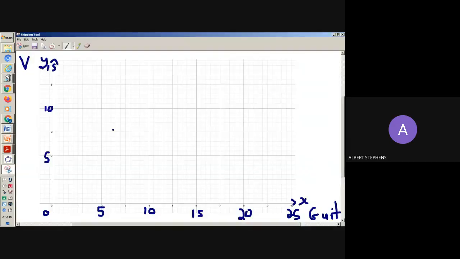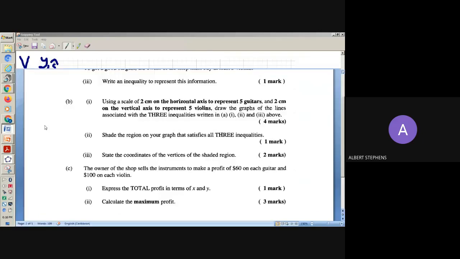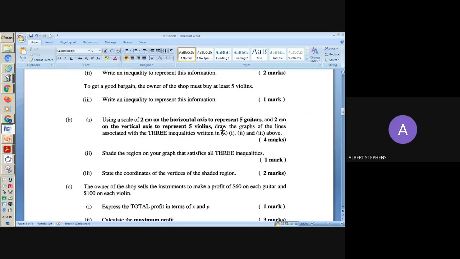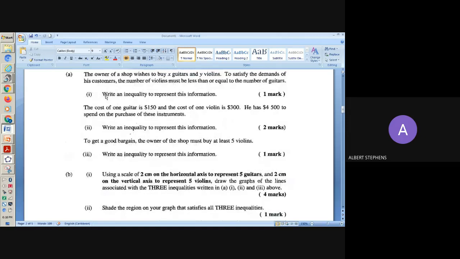All right, now let's go to the question. The question says, draw the graphs of the lines associated with the three inequalities above. All right, so we just converted these word phrases into inequalities. So basically they want us to draw those three lines on graph paper.